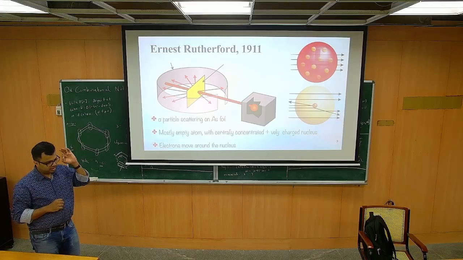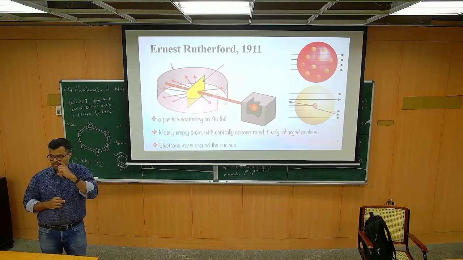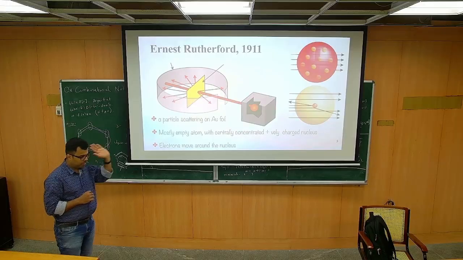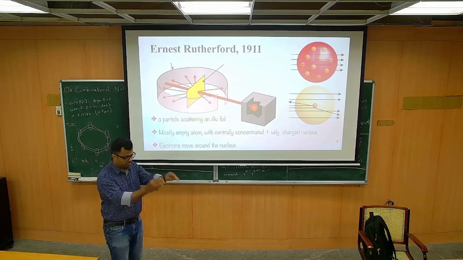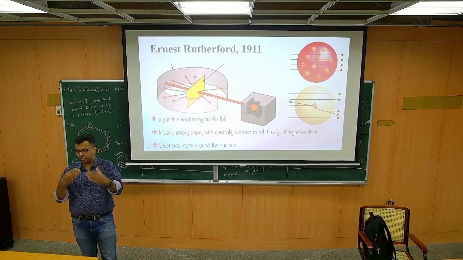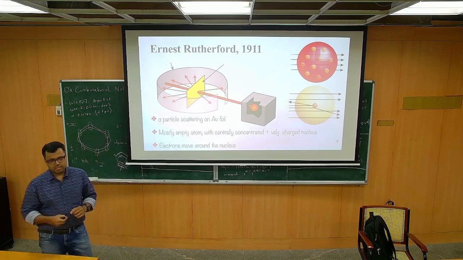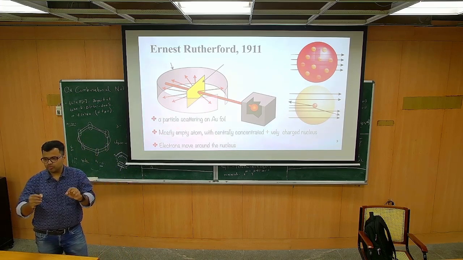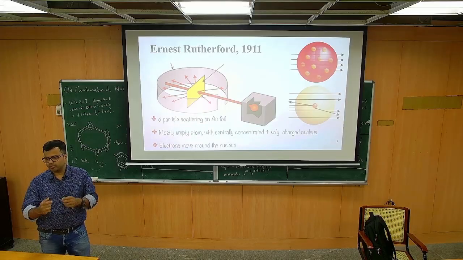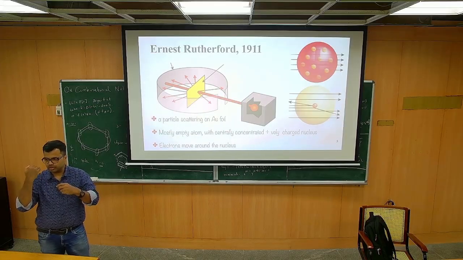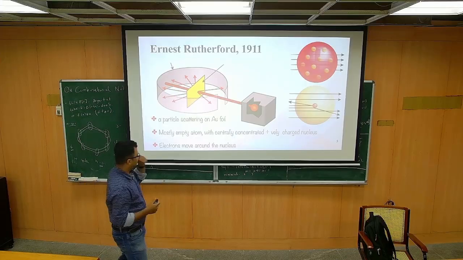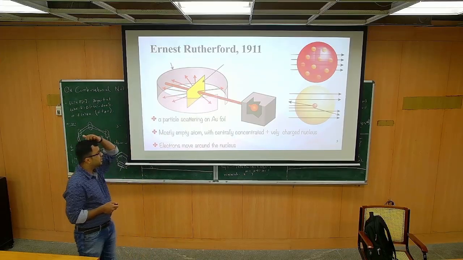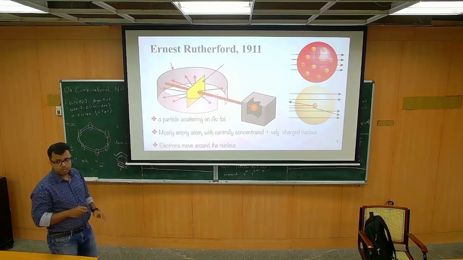He scattered them over a gold foil, and found that most of the alpha particles passed through, while a relatively small number got deviated, and an even smaller number got directly bounced back. This gives us the idea that the plum pudding model is probably not the case.